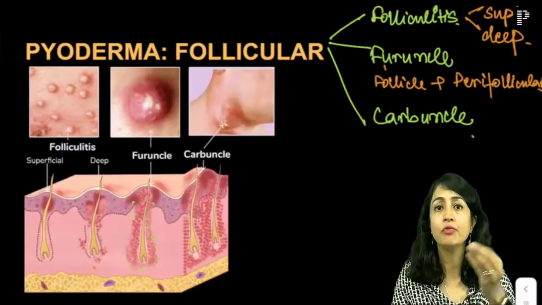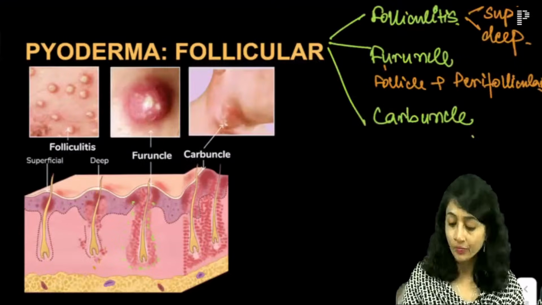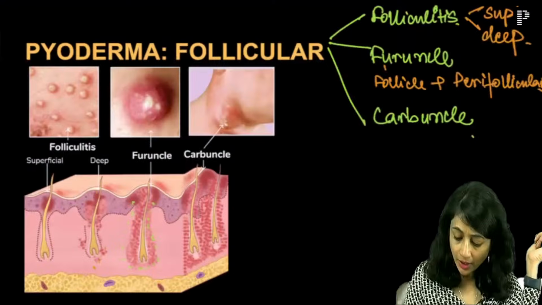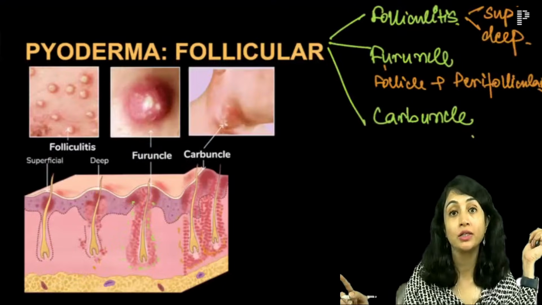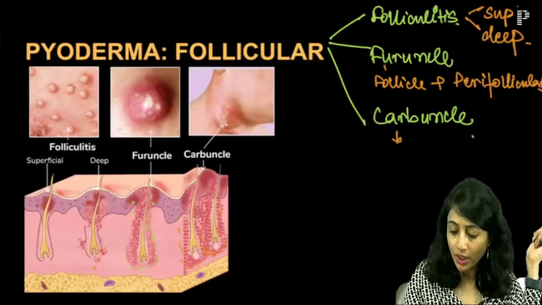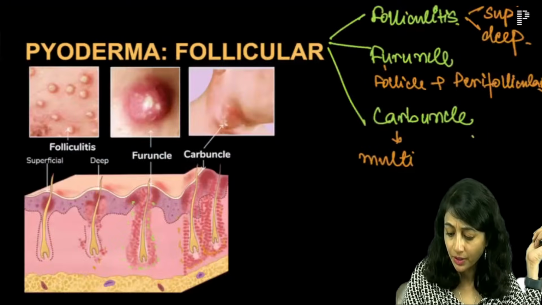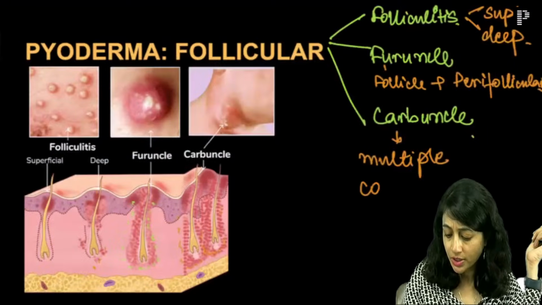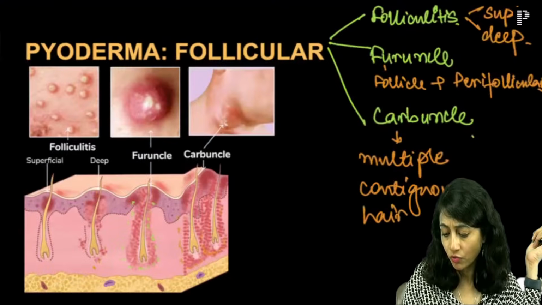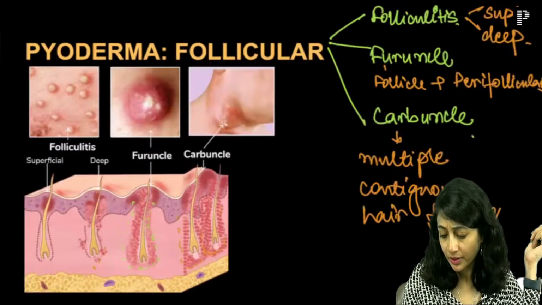Furuncle is when perifollicular tissue is also involved. Then what is a carbuncle? See here, there are multiple hair follicles which are affected together. So carbuncle is when multiple contiguous hair follicles are involved. Clear?